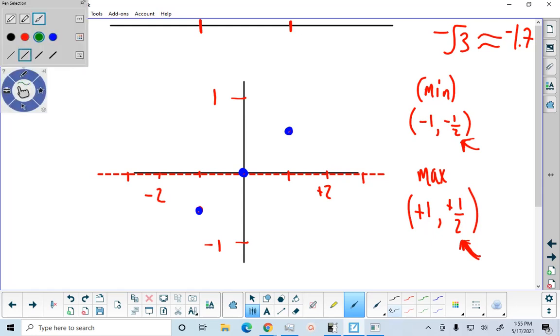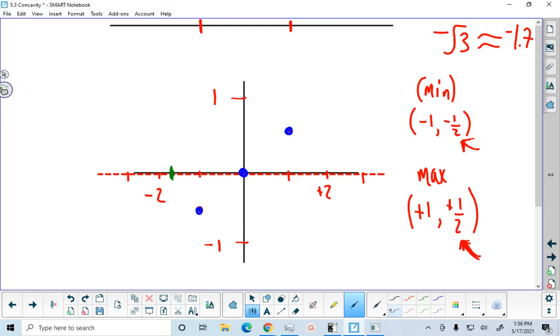I'm going to use different colors here. Negative root 3 is about here, and I'm going to mark that off at the top. So this is a critical number for the second derivative. There's another critical number for the second derivative at positive root 3. I'm going to mark that up here.